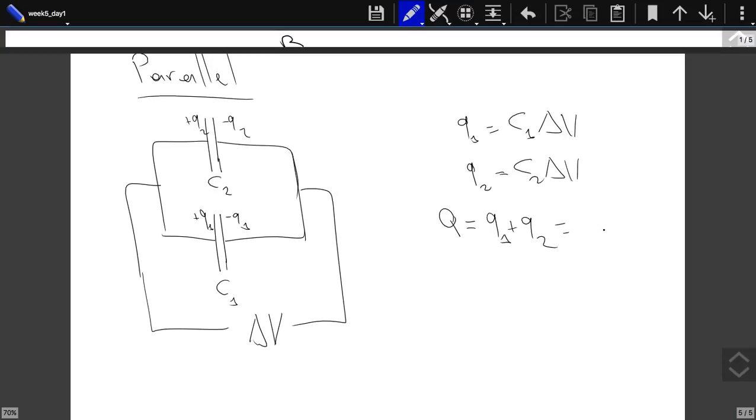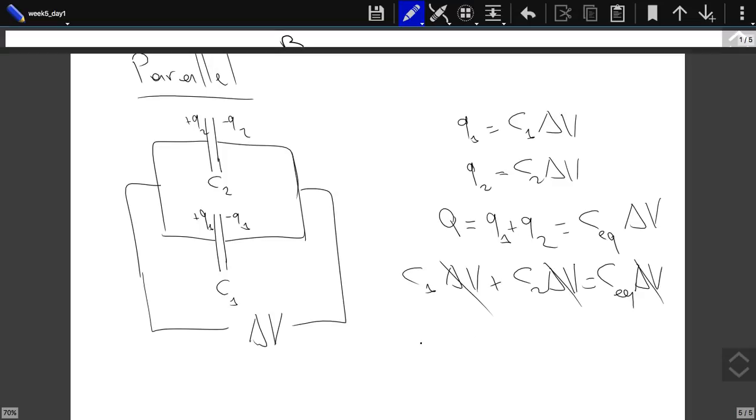And from the definition of the capacitance, this has to be equal to C equivalent times delta V. Well, Q1 is C1 times delta V, and Q2 is equal to C2 times delta V. This is equal to C equivalent times delta V. C1 plus C2 is equal to C equivalent. So if you just combine capacitors in parallel, the total capacitance is just the sum of the two.